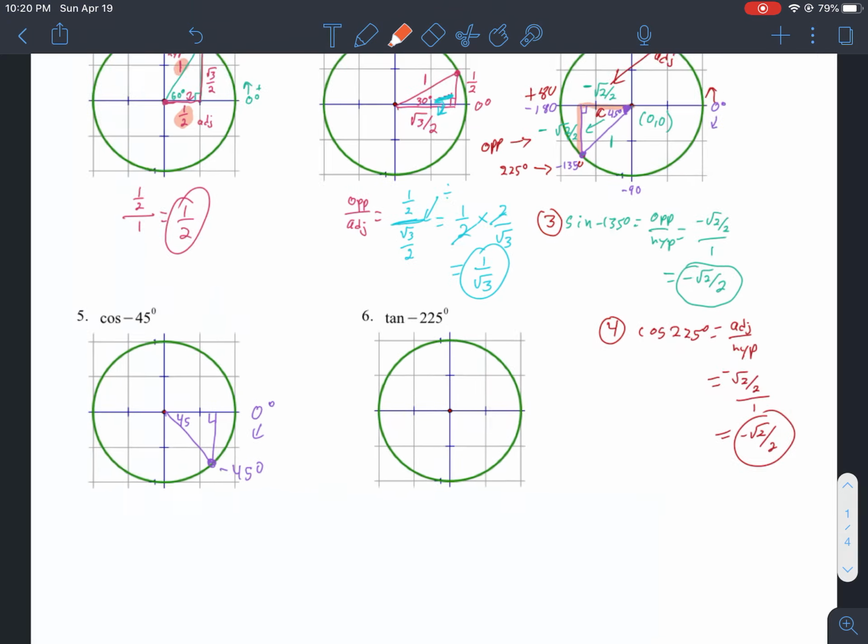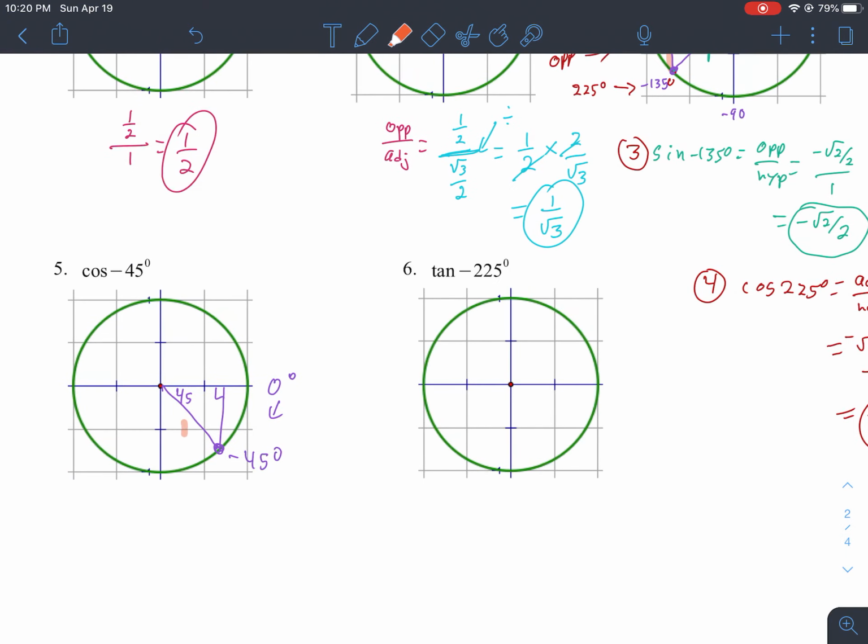So my side lengths are 1, square root of 2 over 2 and square root of 2 over 2. Now we're going over, that's positive, and down, that's negative. So this side would be negative.